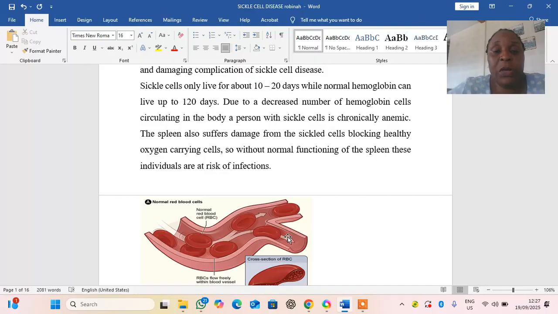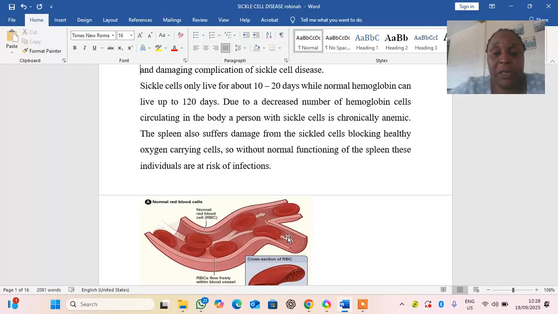Due to the reduced number of red cells circulating in the body, a person with sickle cell is chronically anemic. The spleen also suffers damage from the sickled cells blocking healthy oxygen-carrying cells. Without normal functioning of the spleen, these individuals are at risk of infections.